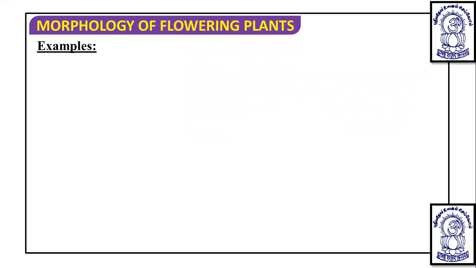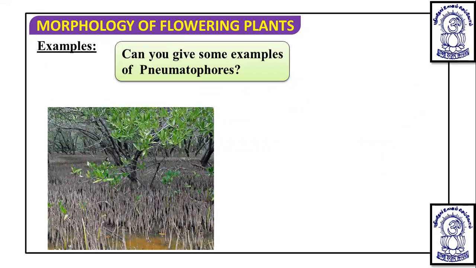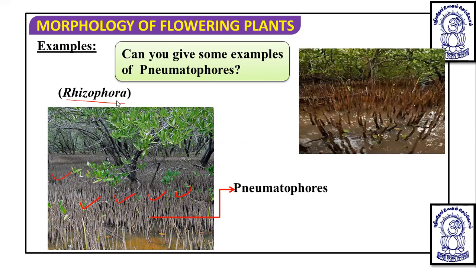To understand that, we are taking examples. If we talk about examples of pneumatophores, you can see Rhizophora here. These are all pneumatophores, found in the mangrove plant Rhizophora.